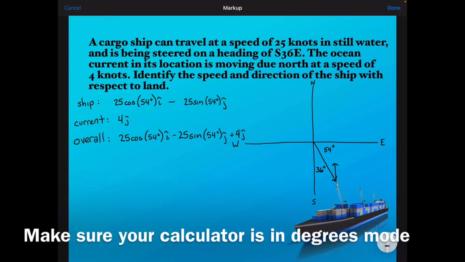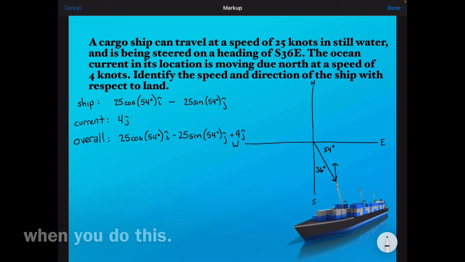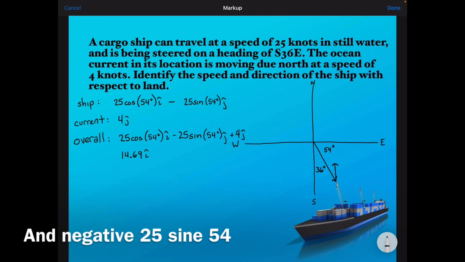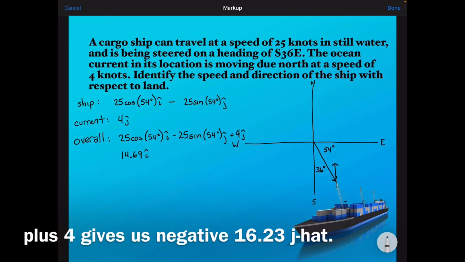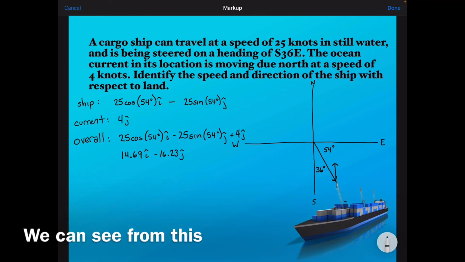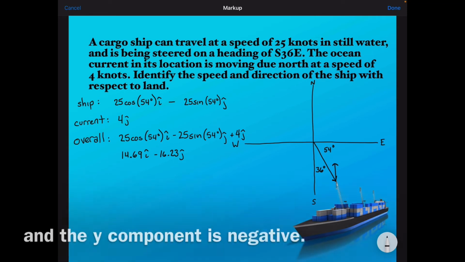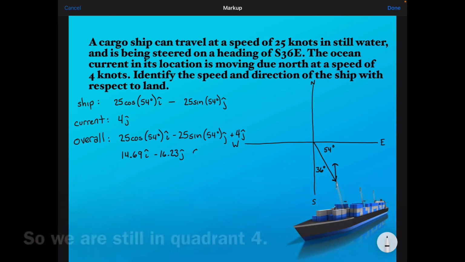Make sure your calculator is in degrees mode when you do this. 25 cosine 54 degrees gives us 14.69 i hat, and negative 25 sine 54 plus 4 gives us negative 16.23 j hat. We can see from this that the x component is positive and the y component is negative. So we are still in quadrant 4.